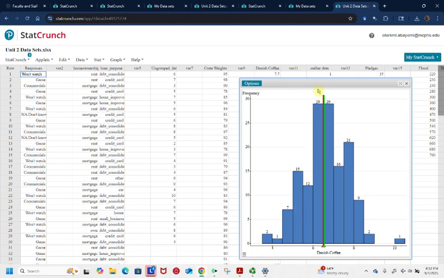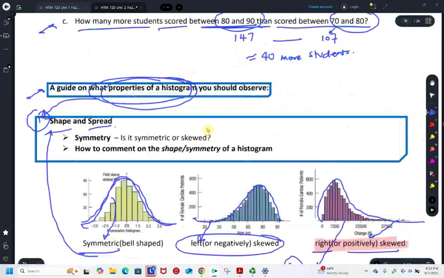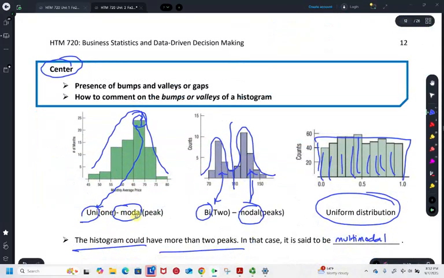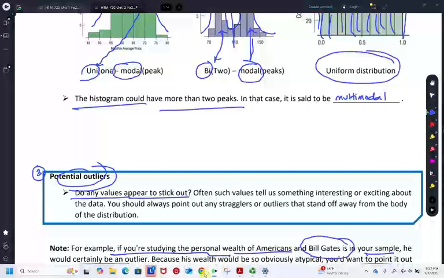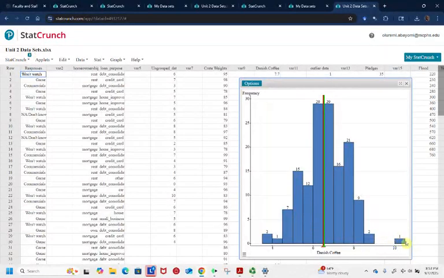So I can see that this appears to have a major bump here. My distribution here would be typified in terms of the shape. I can say that this is approximately symmetric and unimodal. And going back to the picture, do I see any stragglers that are potentially extreme observations? I wouldn't say this is too far off from these observations.